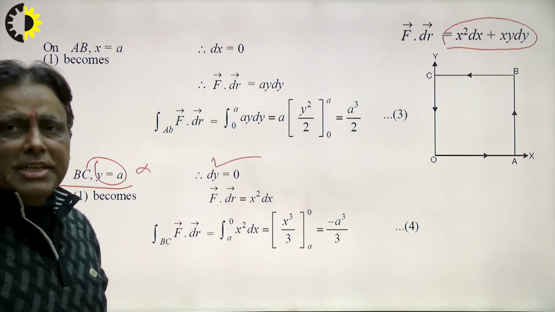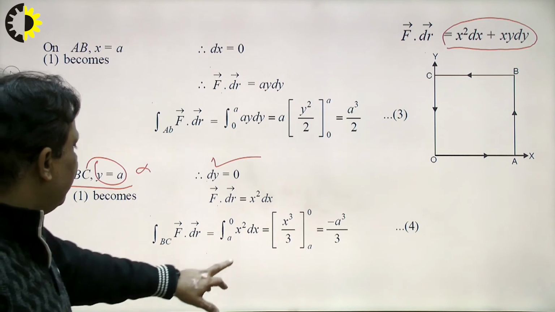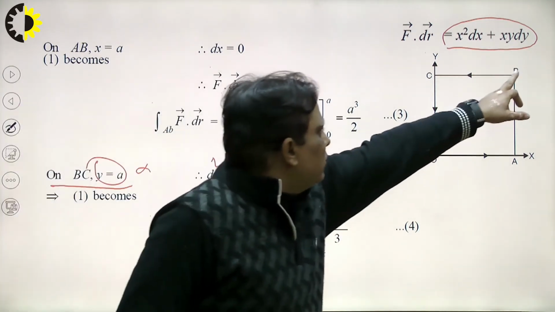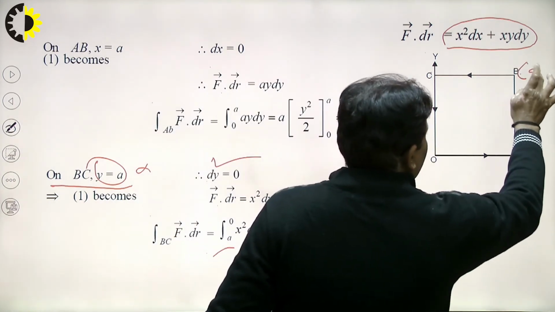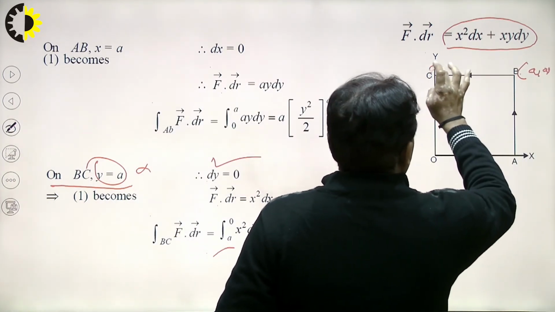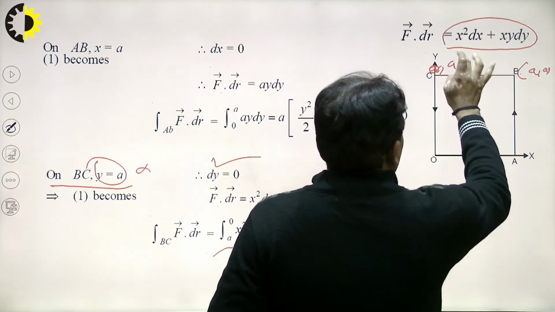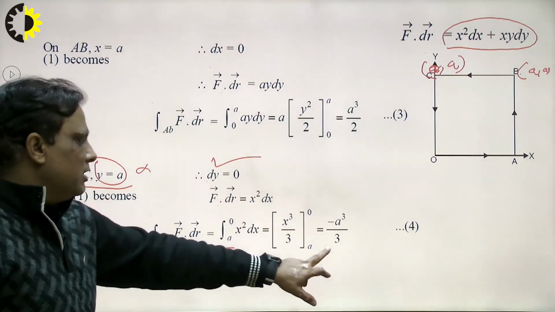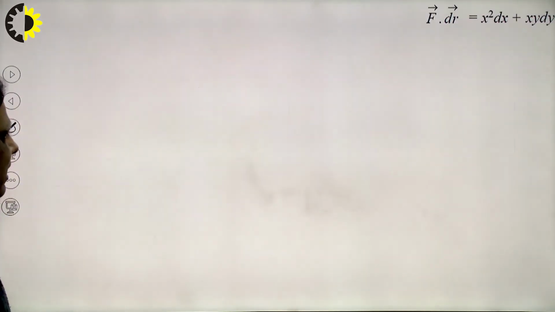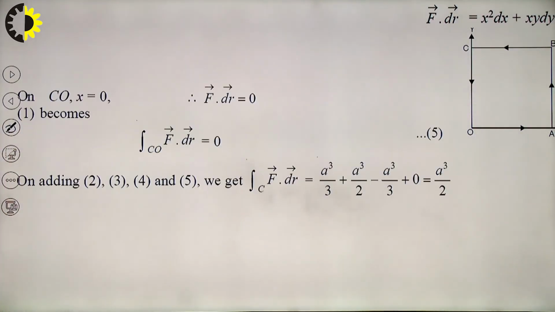All terms are calculated in terms of x. So what will be the limit of x here? It goes from a to 0 here. This is the point a comma a, and this is 0 comma a. So what will be the value from a to 0 here? In this way this is minus a cubed by 3. In the same way we calculate the portion OC here.